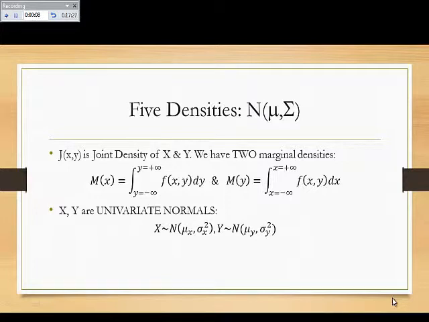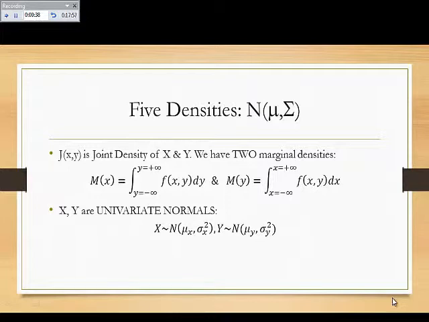Now we want to calculate in this lecture, this is one of the main objectives, five densities. We start with the joint density of x and y, and then we have two marginal densities and two conditional densities. The marginal density of x is basically the density of x when x is considered all alone as a separate random variable instead of as a joint.